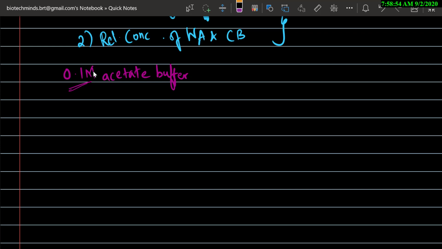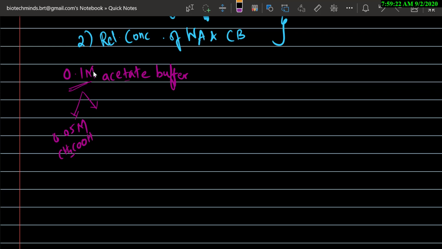And how can it give effective buffering action? If the buffering components are present in an equivalent amount, then this acetate buffer can give you the effectiveness of buffering action. And what are those equal components that have to be present? It is 0.05 mole of acetic acid.